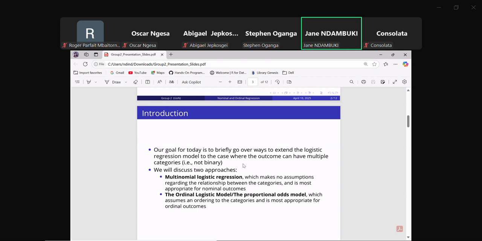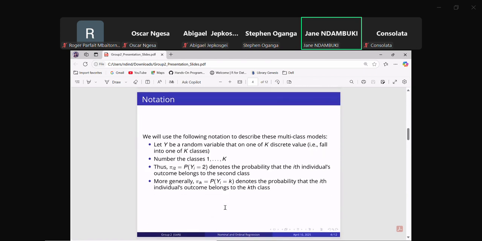The first one is multinomial logistic regression, where there is no assumption on the relationship between the categories, so we have nominal outcomes. Then there is the ordinal logistic model, also called the proportional odds model, whereby the categories are ordered, and therefore we have ordinal outcomes.